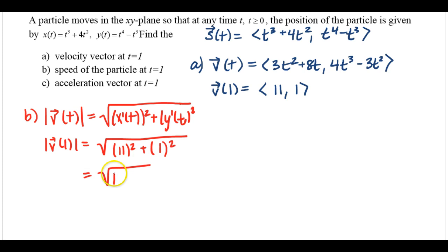So this is the square root of 121 plus 1, so the square root of 122. And that's my answer for part B.